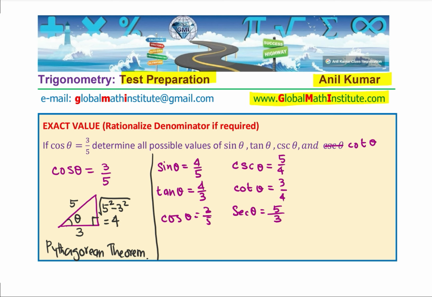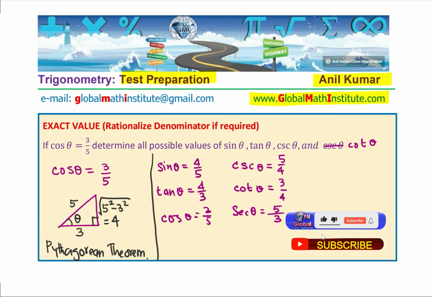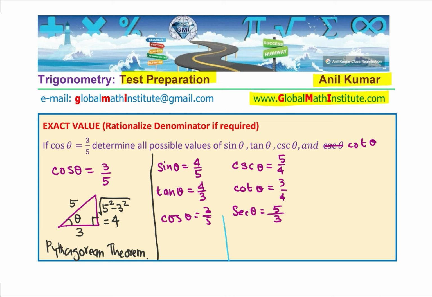But is it a complete set of solutions? The answer is no. If you give this solution, you are losing half of the marks. You should remember one thing, that cos is positive in two quadrants. Cos is also positive in quadrant 4. So let me write down the cos rule here, just to remind you.